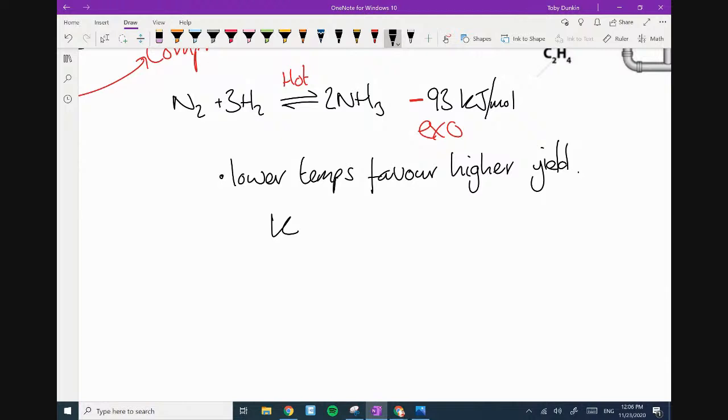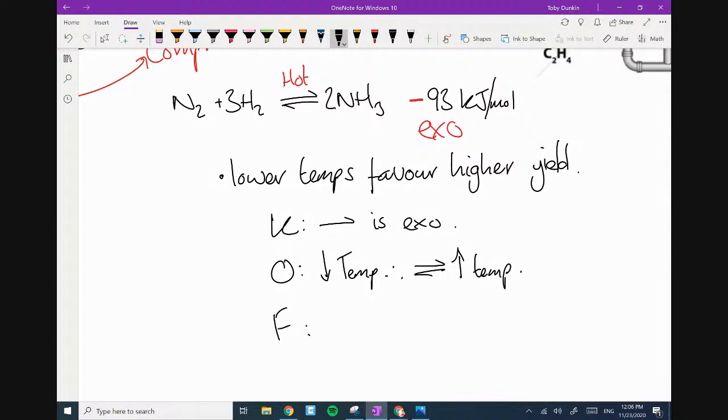So knowledge: forward reaction is exothermic. Oppose: we lower the temperature, therefore the equilibrium raises the temperature. It favors the exo reaction.